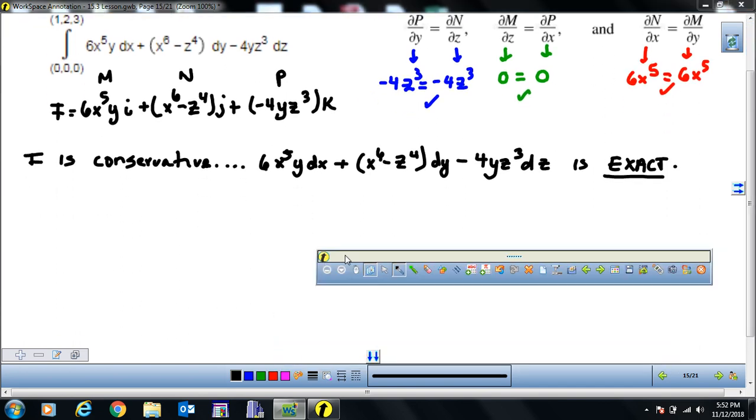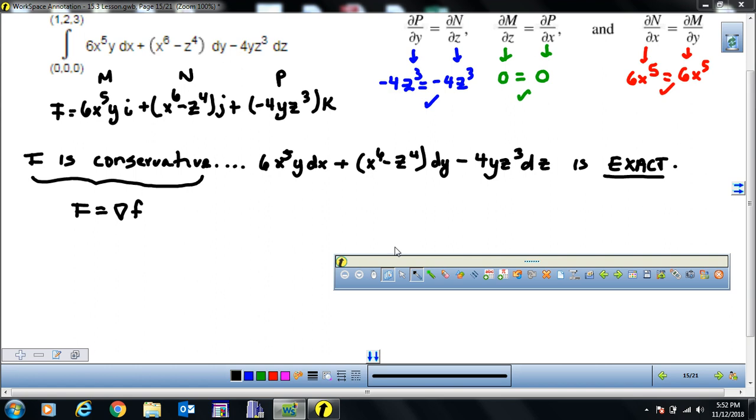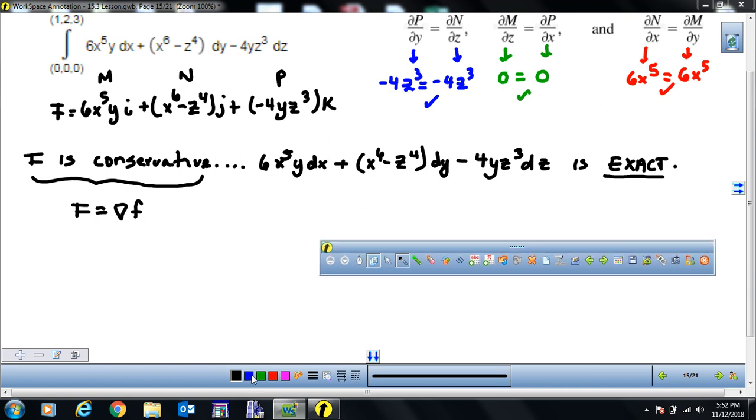Alright, so let's get the potential function. Remember, by F is conservative, we mean that the field F is equal to the gradient of some potential function f. Meaning that this component represents the derivative of some potential function with respect to x.